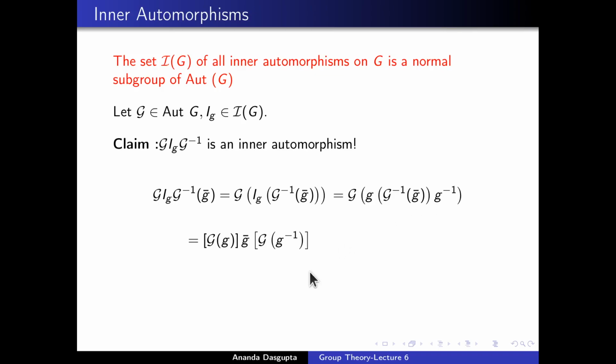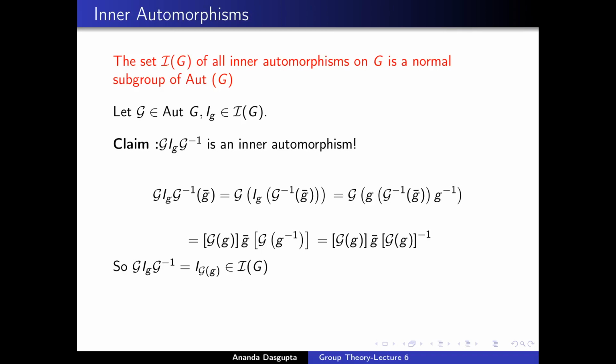And we then use another property which all homomorphisms have, and we have already established near the beginning of this lecture. Curly G acting on g inverse is curly G of g, whole inverse. So let's just use that. And this shows me that this is actually the inner automorphism generated by curly G of g. So this is what curly G, I small g, curly G inverse is: I curly G of g, which of course is a member of the set of all inner automorphisms.